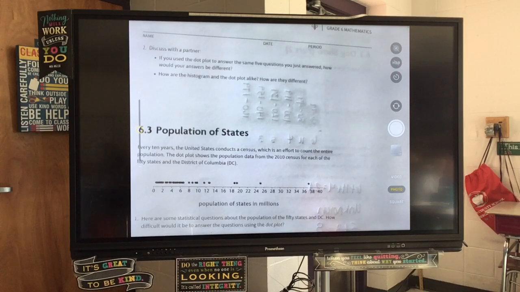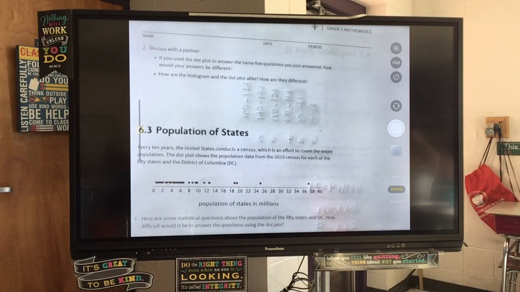That the dot plot and the histogram, they both have number ranges. Okay, so maybe their patterns are similar, the shape of their pattern. Okay, I can go with that.